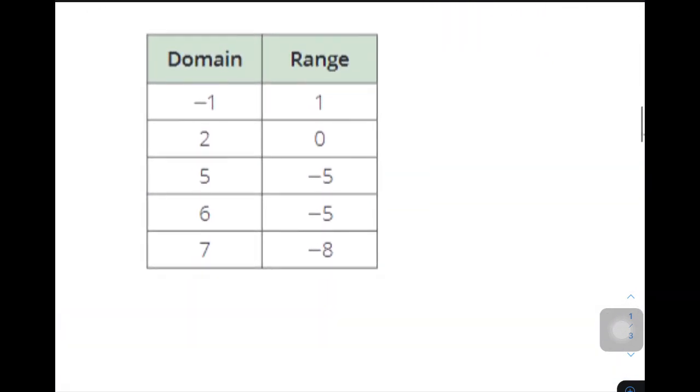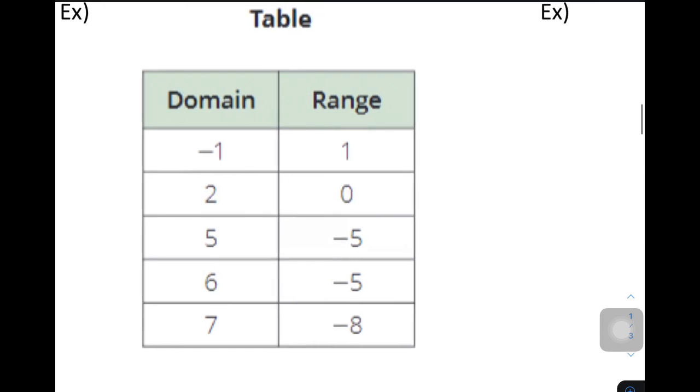Now, we can also see these sort of relationships in tables. Now, sometimes this may be a little harder to tell. So recognize at the top these words, domain and range. Remember, that just means all the x's, and then all the y's, or all the inputs and all the outputs.